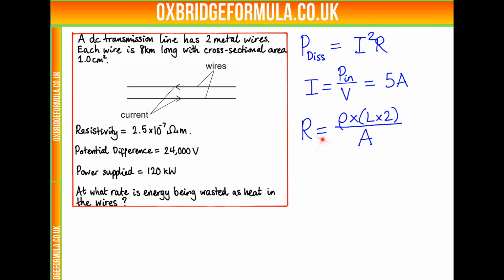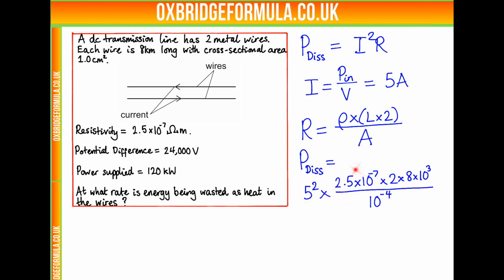And then if we try to work out the power dissipation, we have 5 squared times the resistivity times 2 times the length divided by the cross-sectional area, converting it into meters squared. So can we cancel out anything in order to make this a nicer expression to multiply? We can cancel out 10 to the minus 7, 10 to the 3 divided by 10 to the minus 4.